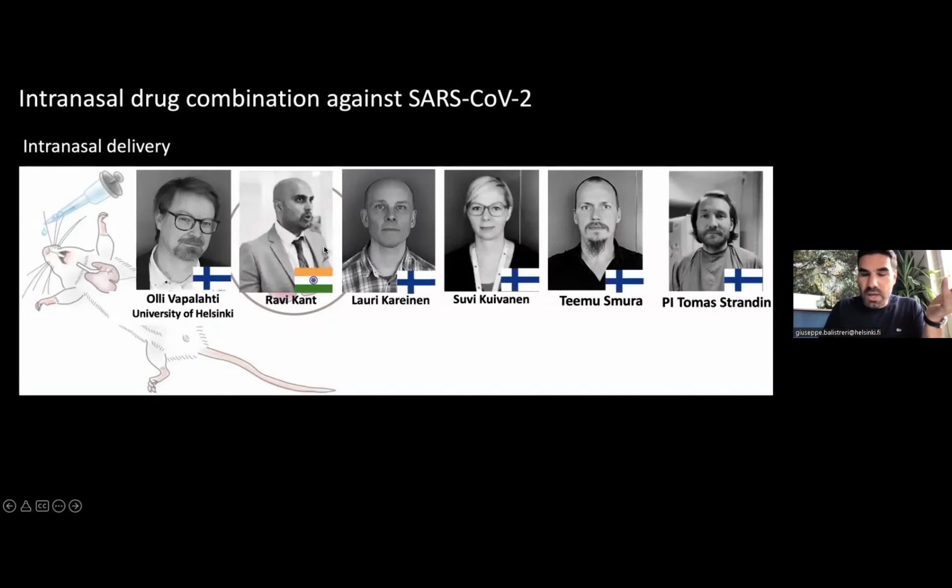Okay, so here I have to already thank a wonderful set of collaborators, particularly in the laboratory of Olli Vapalahti at the Faculty of Medicine and Helsinki Hospital: Ravikant, Lauri, Suvi, Teemu, and Thomas, because without them, we would not have been able to do all these experiments in such a short time.